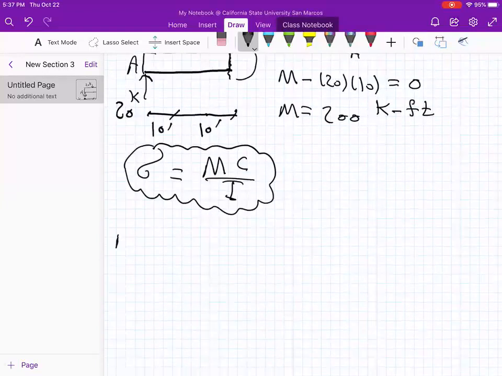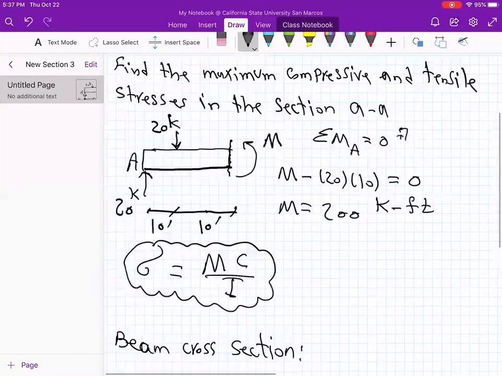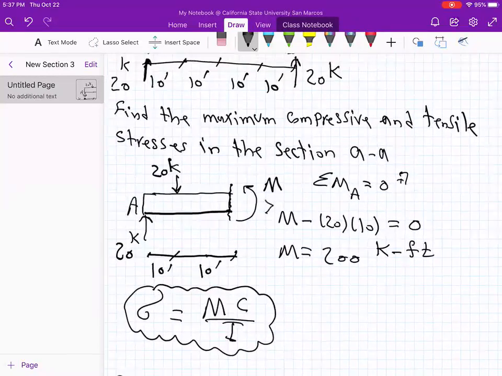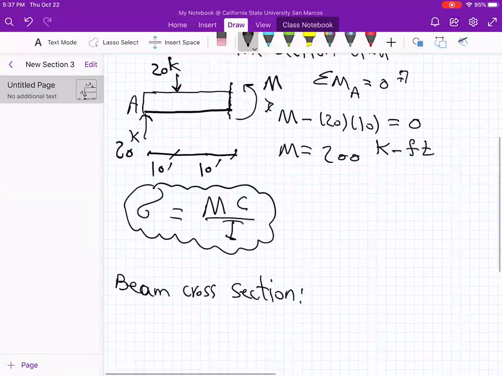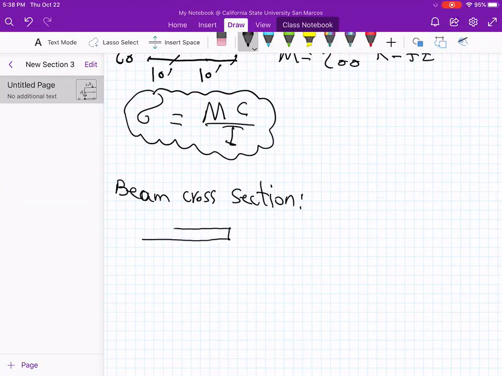So let me draw the beam cross section. If you look at the beam from this view, what should we see? So this is the given. It's a T shape. Let's see, we have a cross section, something like that. And you have this one.